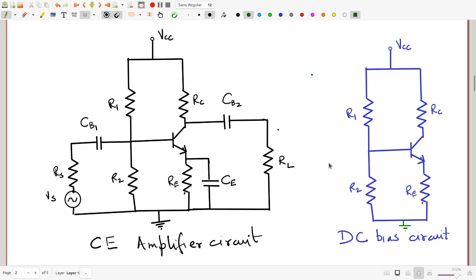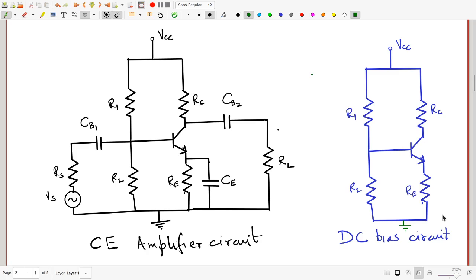We also saw that this particular circuit has rather nice bias stability. Current IC does not change very much even though parameters of the transistor change. And one way to understand that is basically this. Notice that RE stabilizes the circuit against bias variations. In other words, if various circuit parameters change, like the transistor beta or the temperature, so that the transistor ICO, all these might cause a change in the bias current.